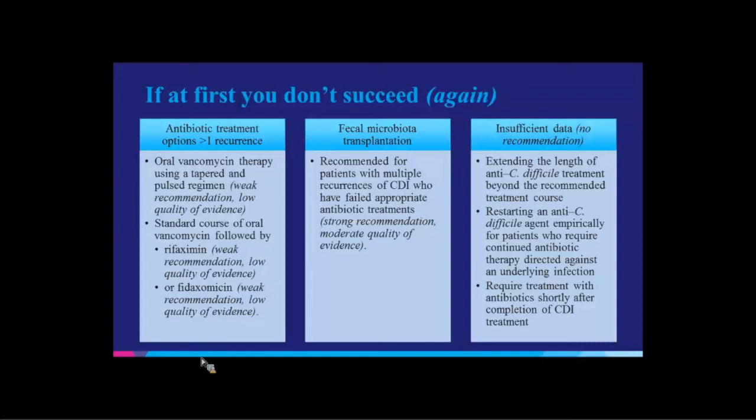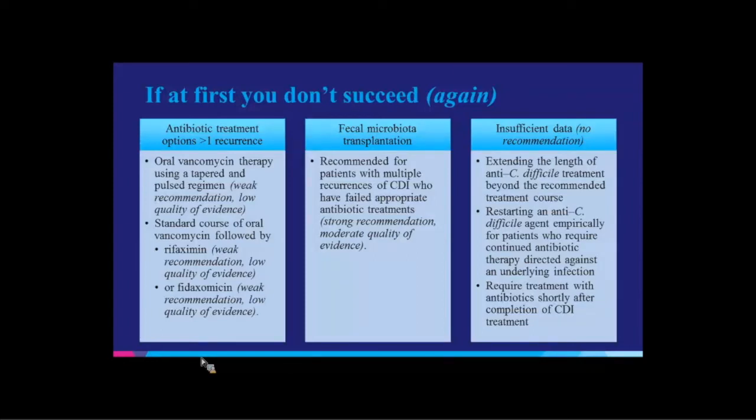And then where there's insufficient data or no recommendation is just these really long treatments beyond the recommended treatment. They give no recommendation. What do you do? Somebody had C. diff last year and now you got to give them antibiotics. Do you just prophylactically give them vancomycin again? They stay out of it. They leave it to, at this point, what we would call provider preference.